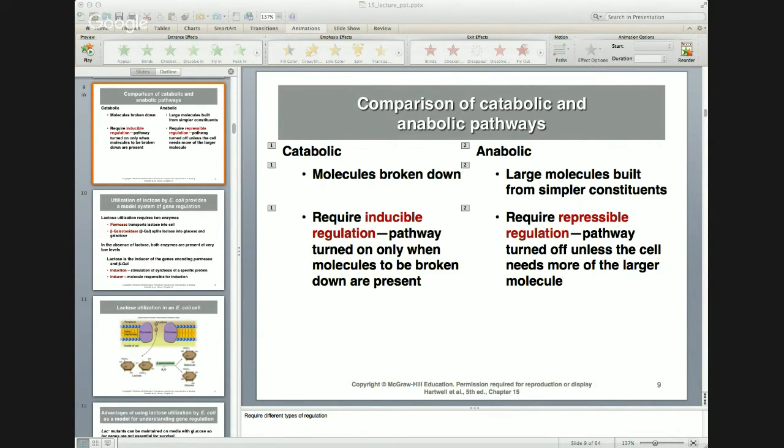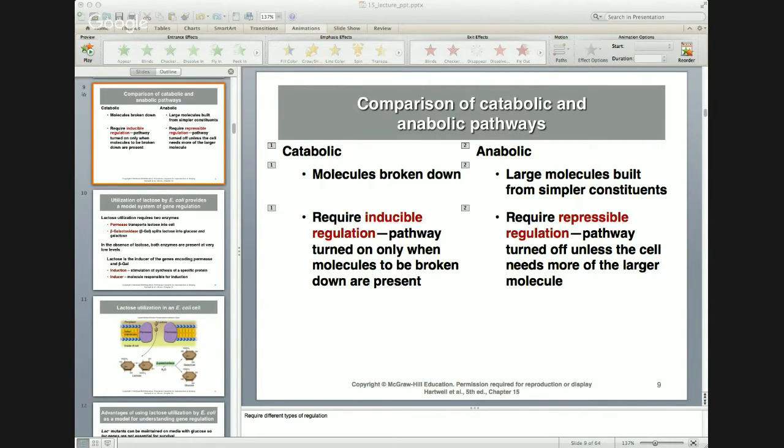Okay, so let's see what happens when the inducer is present, and then we'll look at what happens when the inducer is absent. Well, we'll start with the inducer being absent first, sorry.